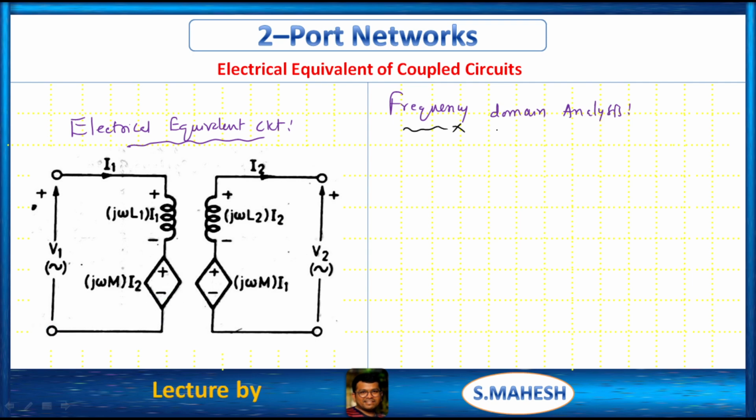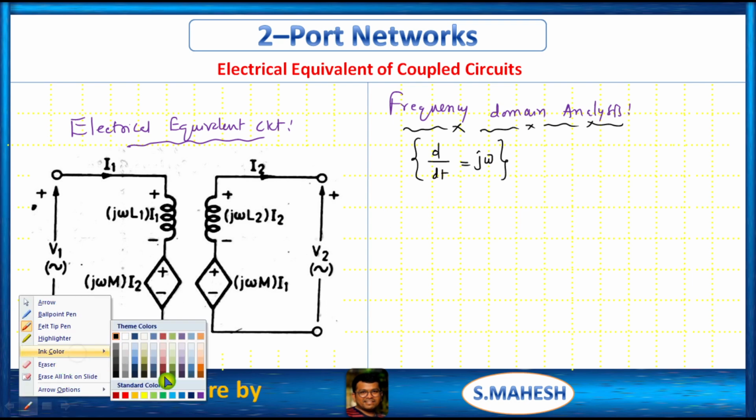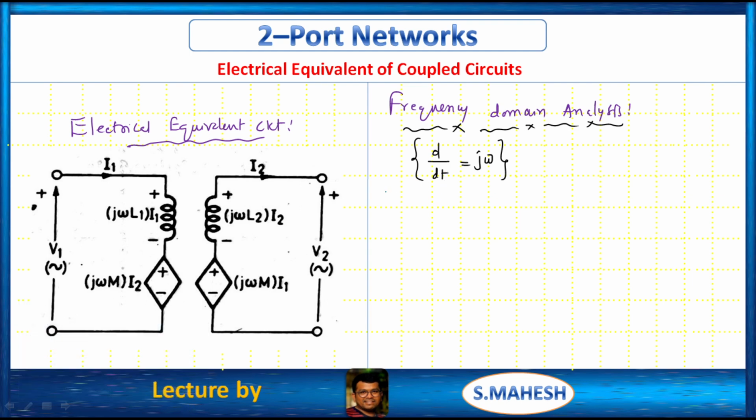We all know that to change from time domain to frequency domain, d by dt equals j omega. So from this you can write V1 of t equals L1 into di1 of t by dt plus M into di2 of t by dt. Just substitute d by dt as j omega.